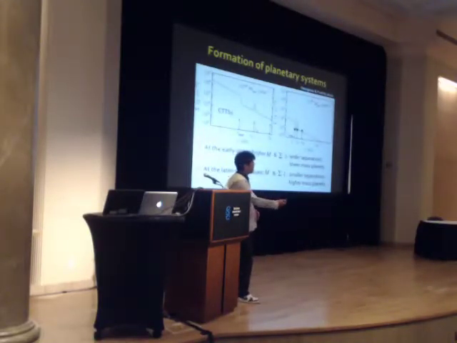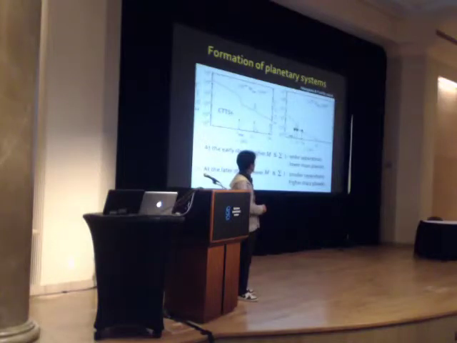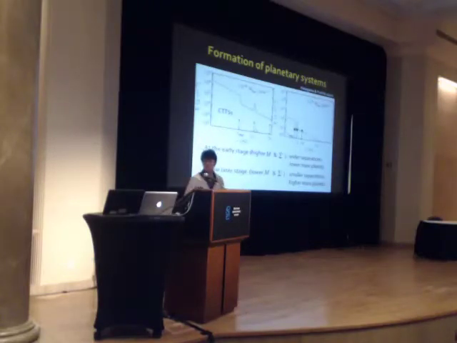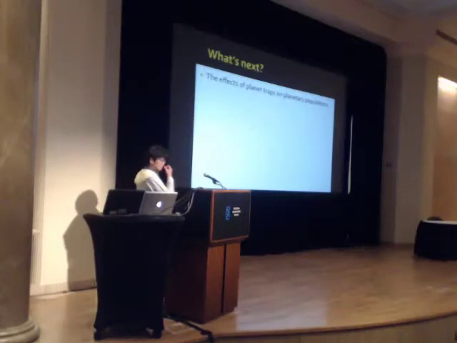But as time goes on, the planets grow and the disk evolves. So the separation between the protoplanets becomes small, and the mass of the planets becomes high. All right, so what's next?